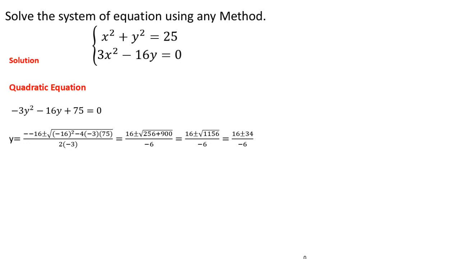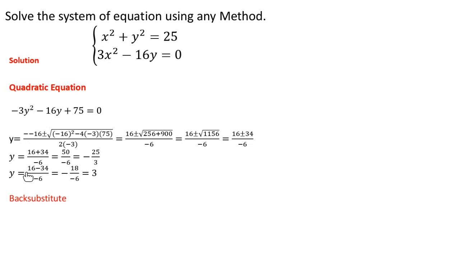So at this point, we can separate our answers, one for the positive and one for the negative. My first solution would be 16 plus 34 divided by a negative 6. So 16 plus 34 is 50 divided by a negative 6. And if I reduce my fraction, I'm left with negative 25 divided by 3.